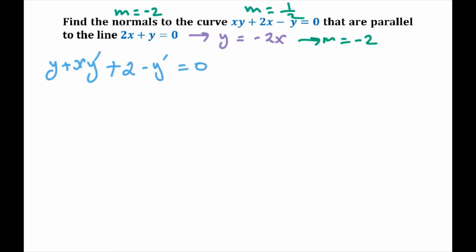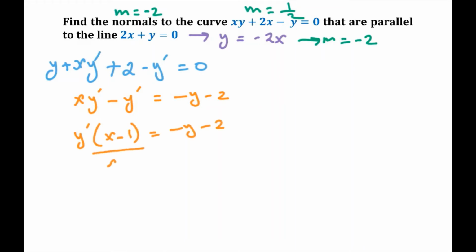And now we will solve for y prime. So y prime is equal to negative y minus 2 over x minus 1.